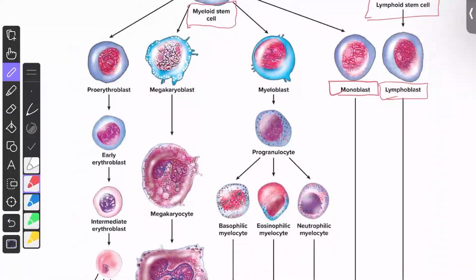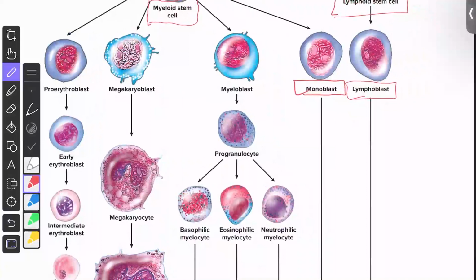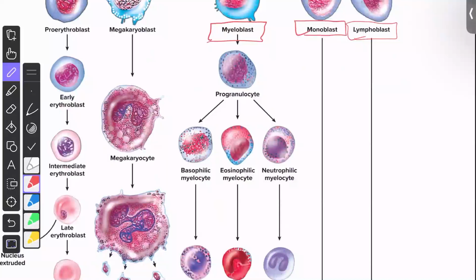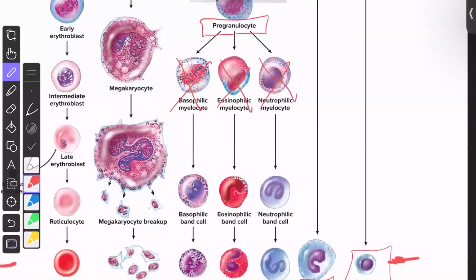Let's look at, just to finish them, the myeloblast, okay? So our myeloblast is going to grow up and become a progranulocyte, okay? You need to know that. You do not need to know the myelocyte. We're going to skip those. You do not need to know the band cells. Okay, simplifying things down here.